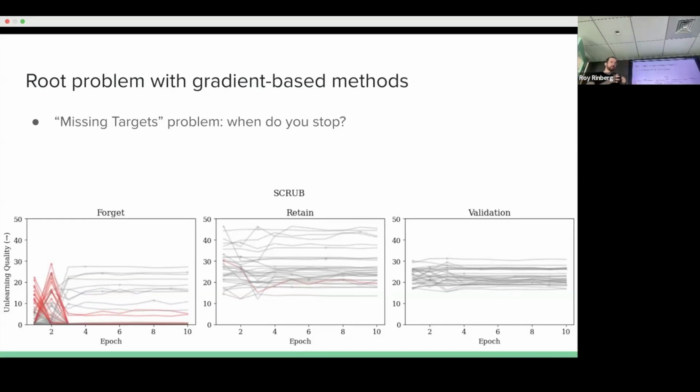So you set the groundwork here by saying, okay, there's gradient descent and gradient ascent methods. One of the things we've been trying to do in our lab is concept unlearning rather than data unlearning. We sort of agree that gradient ascent methods are inherently unstable. It's not a well-formed objective.